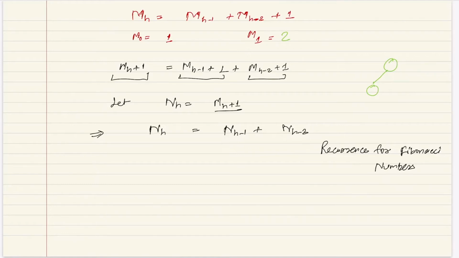Yeah, and what will be the base case? So n0 is m0 plus 1, so 2, and n1 is 3. Okay, so for Fibonacci this comes as f3 is 2, so that means n_h is f of h plus 3, and we know the formula, that is 1 by root 5 times rho to the power h plus 3.